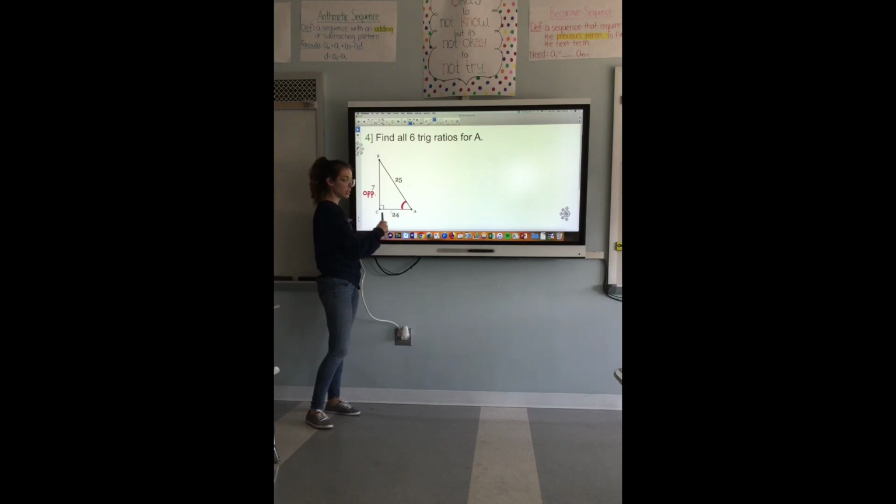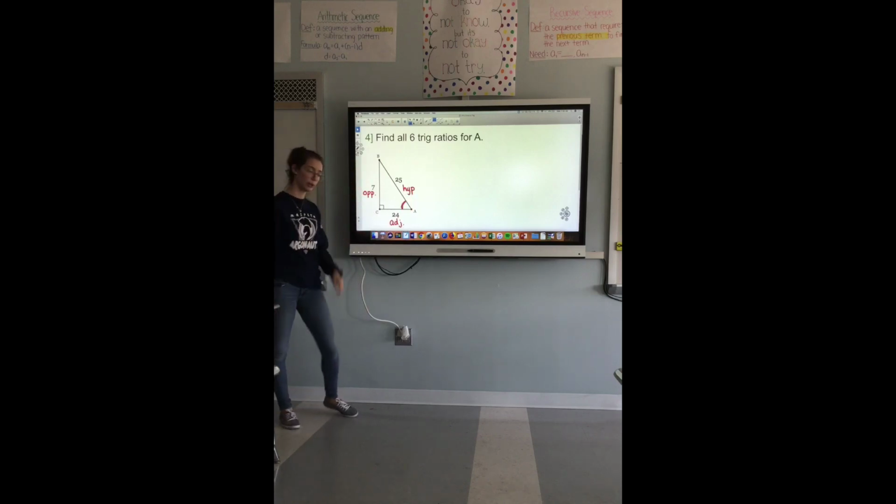Adjacent of A is right here. So this is our adjacent side. Now this long slanted side here, which is across from the right angle, is our hypotenuse. So if it helps you to label it, you can label it. You don't have to though.